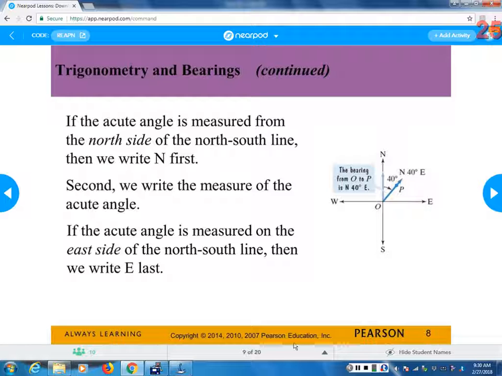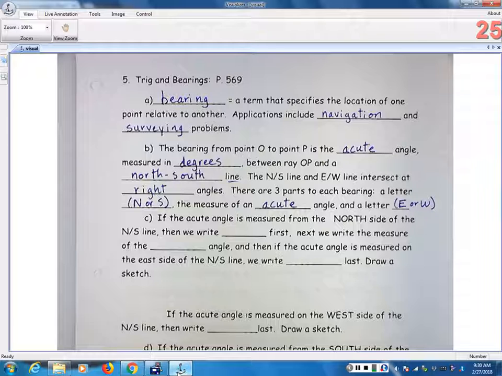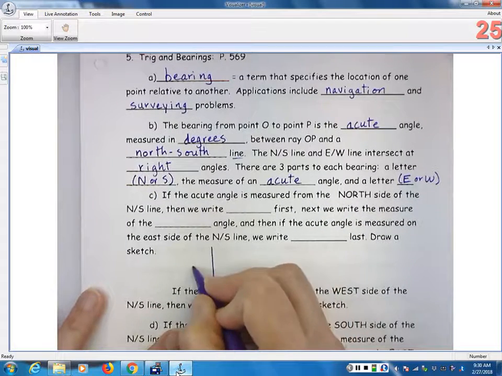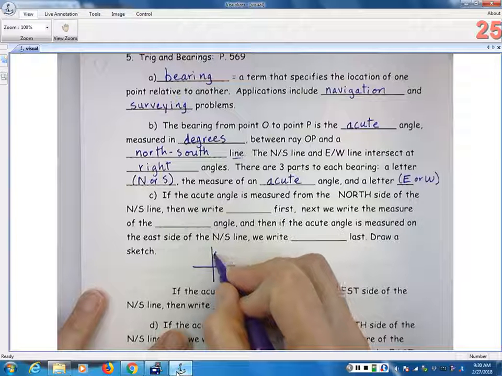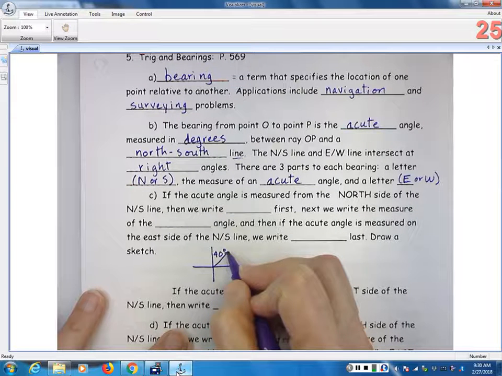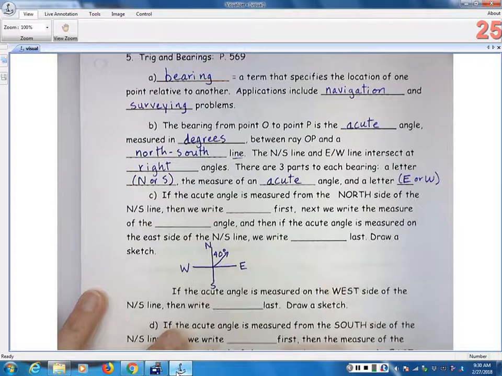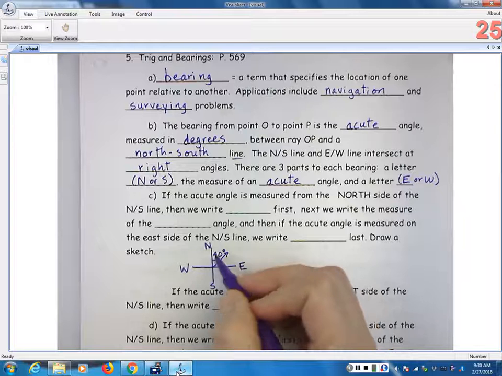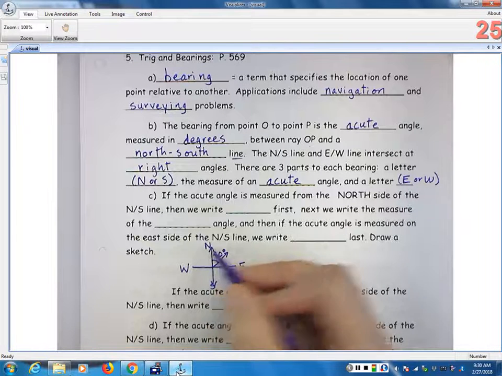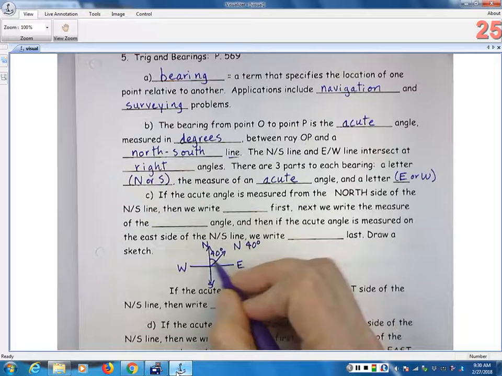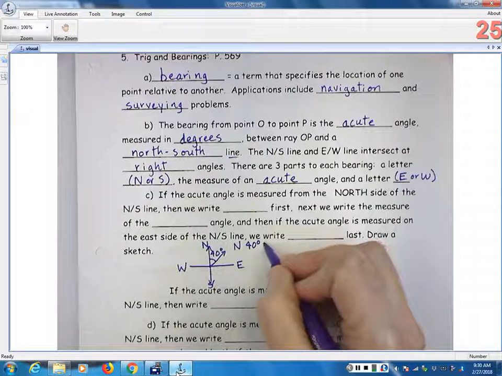So, I wrote 30 on my notes. If the acute angle is measured, we had a picture like this, with a 40-degree angle. North, south, east, west. We're closest to the north, so we write north. We write the acute angle. And we're on the east side of north, so we write east.